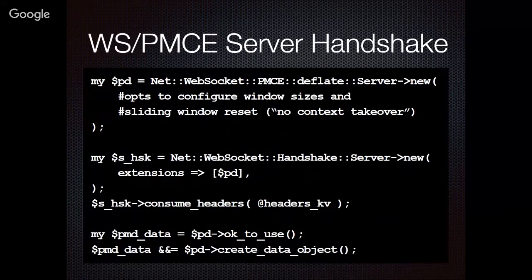And so when we implement this in code, kind of as we did with the handshake, where we have a separate handshake object, and then we send the headers to the handshake object, well, we have to have a separate deflate configuration object that we feed into the handshake object, and then the handshake object will send the headers into the deflate object.